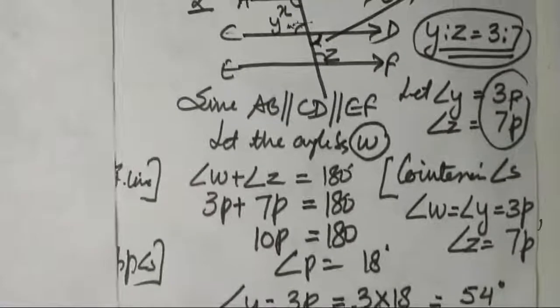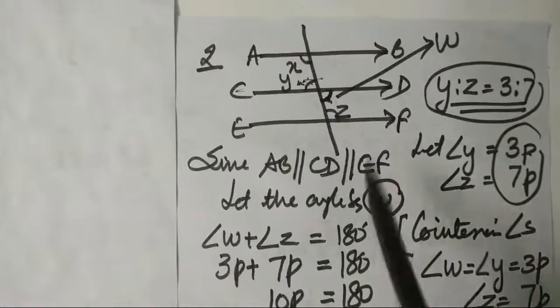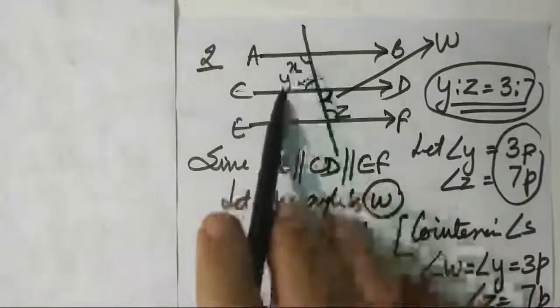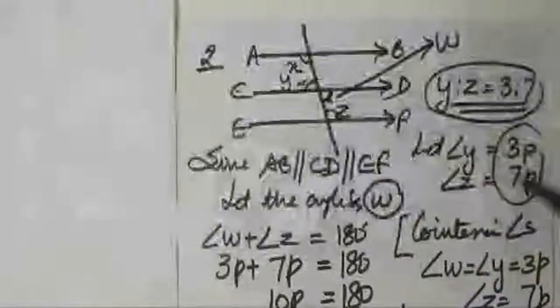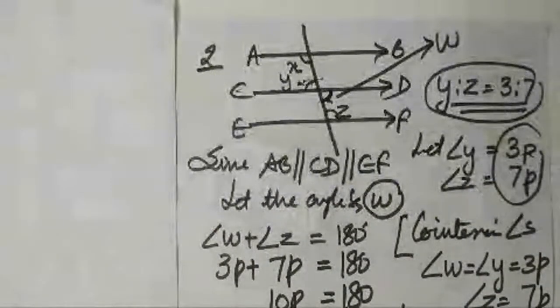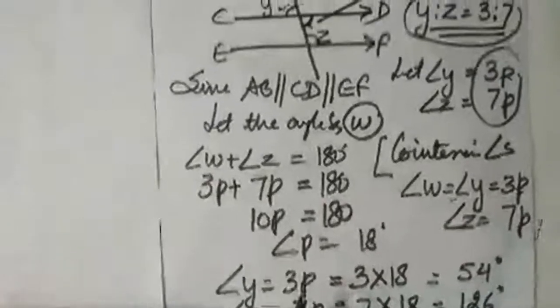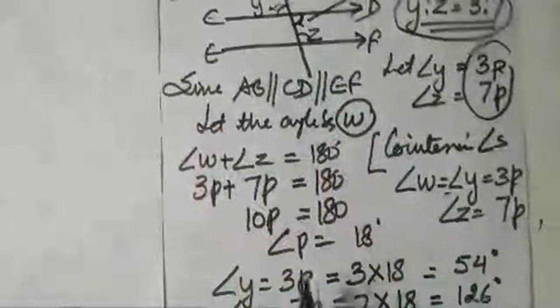And angle Y and angle W we have found. X and W will also be co-interior angles. So you will get the value of x by co-interior property. W is already given 3p, which means angle y is, we have already found 54.